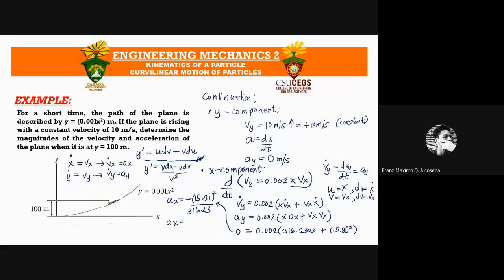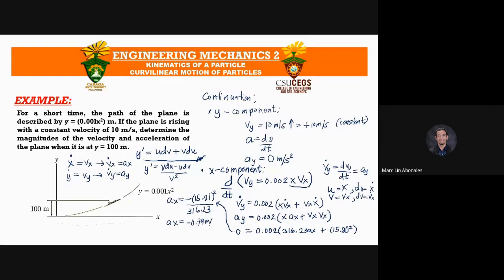Negative 0.79, sir. Sorry, it is acceleration, so the unit is meter per second squared, not meter per second, because that is for velocity. So for acceleration, meter per second squared. So Ax is negative 0.79.